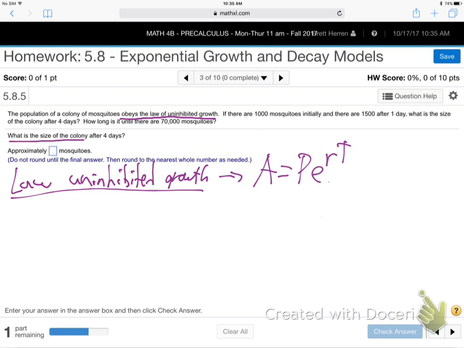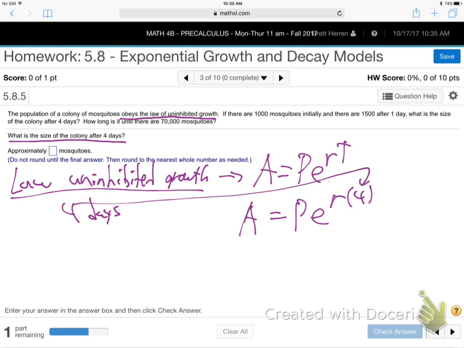So what is the size of the colony after 4 days? 4 days. So we're going to put in 4 for T, clearly. We know that much, huh? Put the 4 in right there. Time is in days. Anything else I need to find the P and the R? Did they give it?